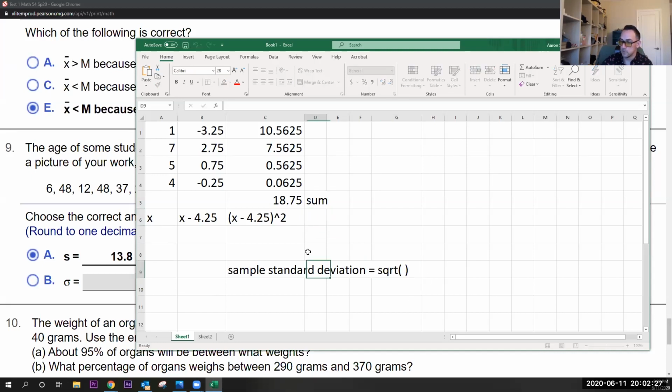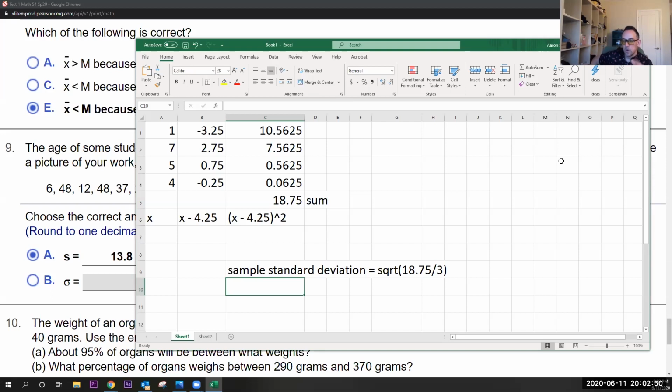So I can say that this is 18.75 divided by n minus 1, which is 3. So that's how I do it. That would be S, the sample standard deviation.